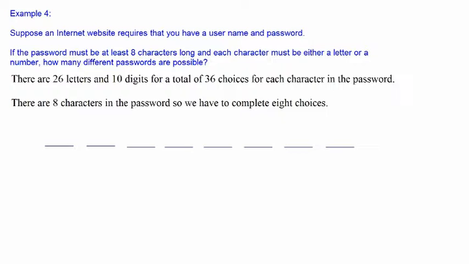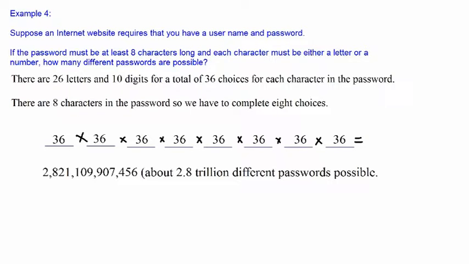Note that there are 26 letters and 10 digits, giving a total of 36 choices for each of the characters in the password. So with 8 characters in the password, we have to complete 8 choices. Each choice, we have 36 different items for the first letter or digit and so forth through all of the 8 different parts of the password.